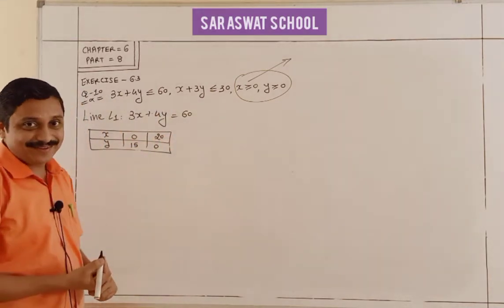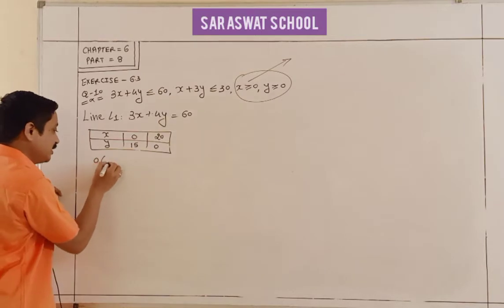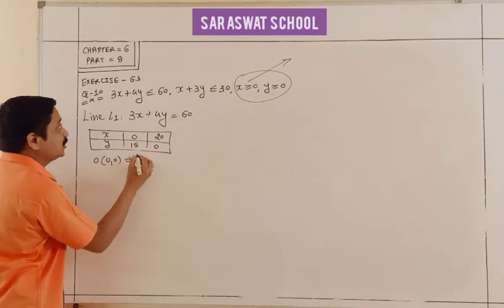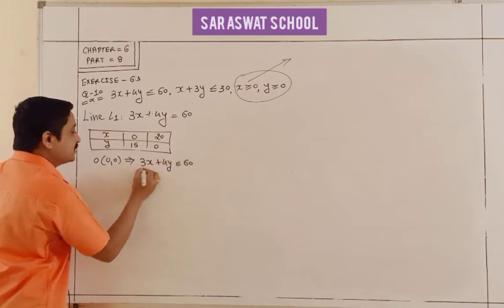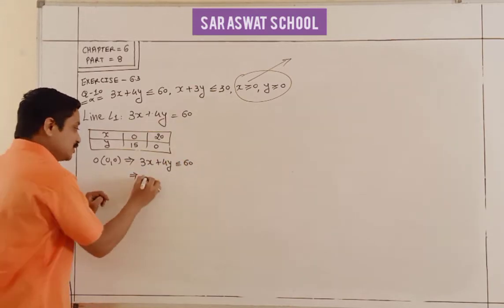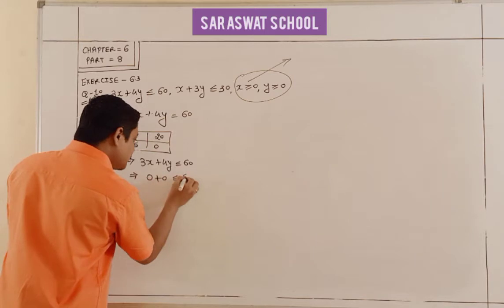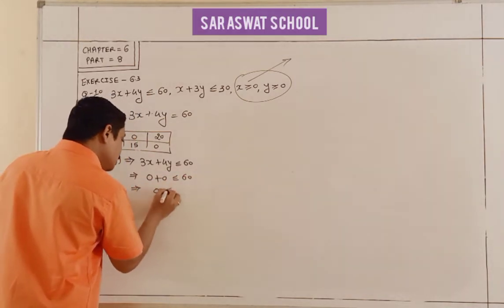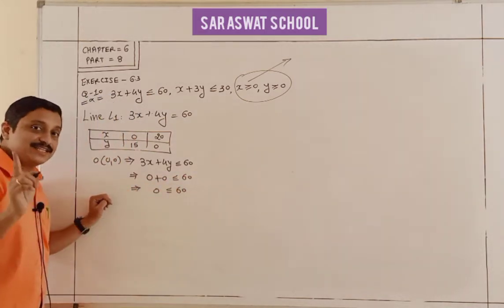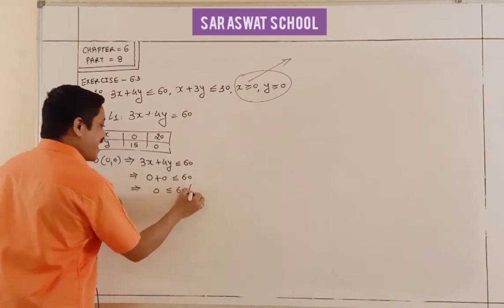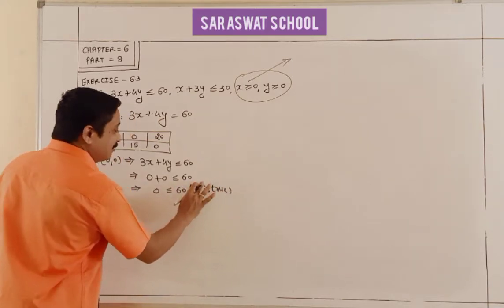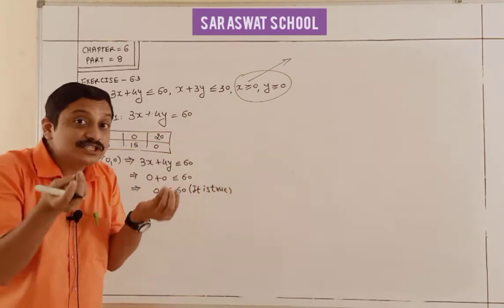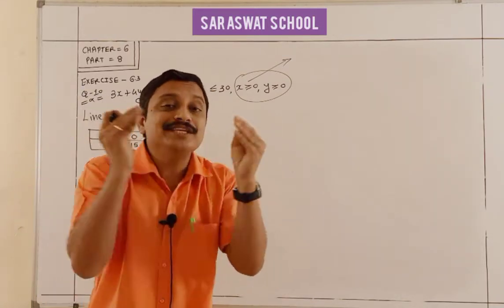Correct? Yes. And checking the origin, is it passing through the origin or not? 3x plus 4y less than 60, so 0 plus 0 less than 60. So you have 0 less than or equal to 60. Is that true or false? Yes, it is true. It is your shading portion, mostly passing through the origin side.